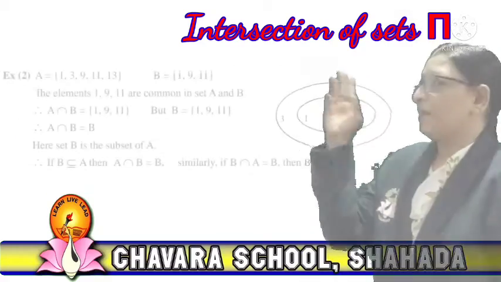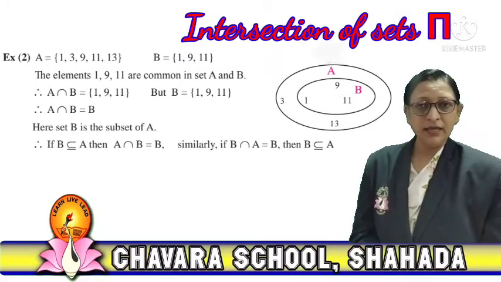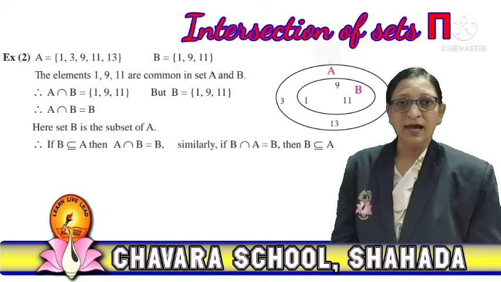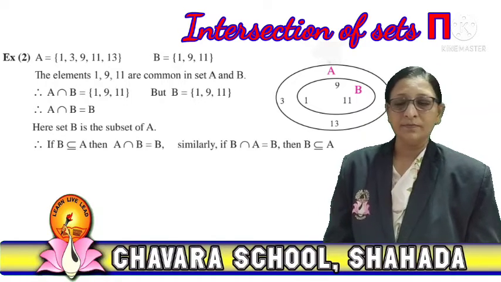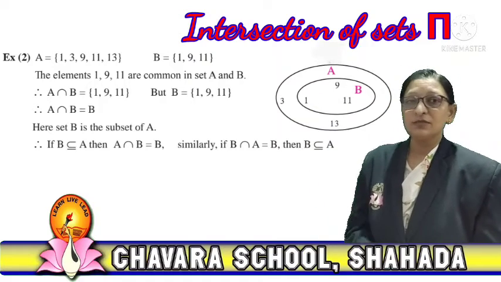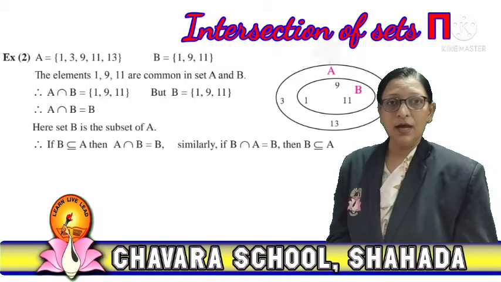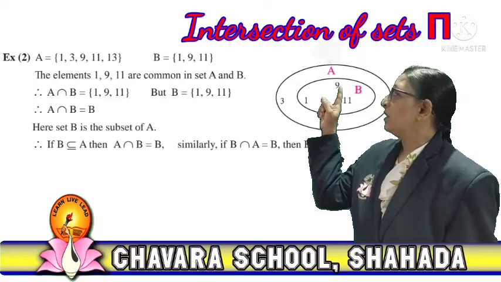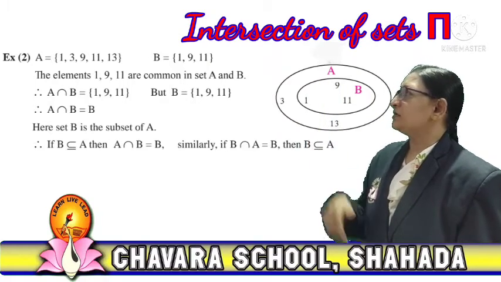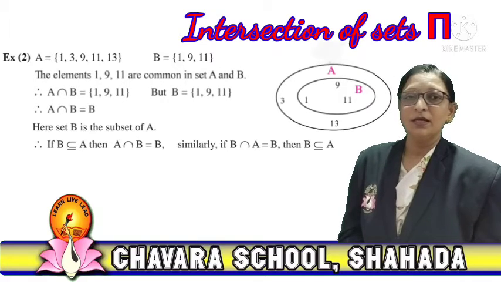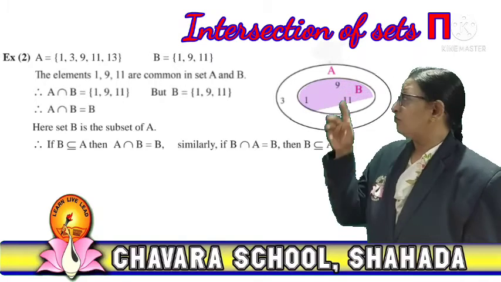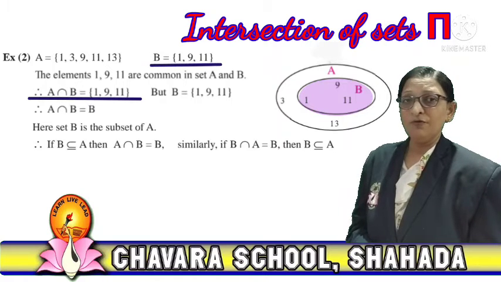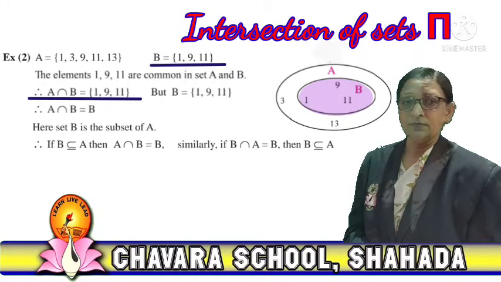Let's study example 2. Set A is the set {1, 3, 9, 11, 30} and set B is the set {1, 9, 11}. Therefore, A intersection B is {1, 9, 11}. We observe here set B is also {1, 9, 11}.